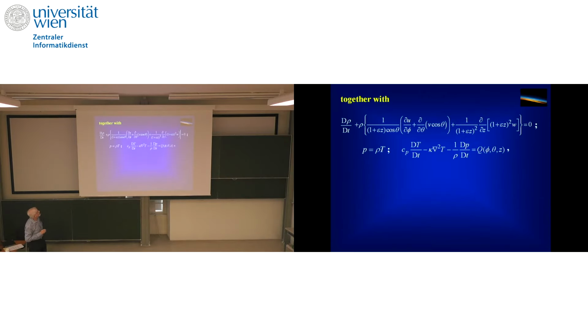Now, of course, we're going to have an equation of mass conservation using the definitions that I've already put on the board. We need an equation of state, and this is my choice for the thermodynamic equation, the first law. Q is the non-dimensional general heat source term. Well, I'm not going to specify what they are.